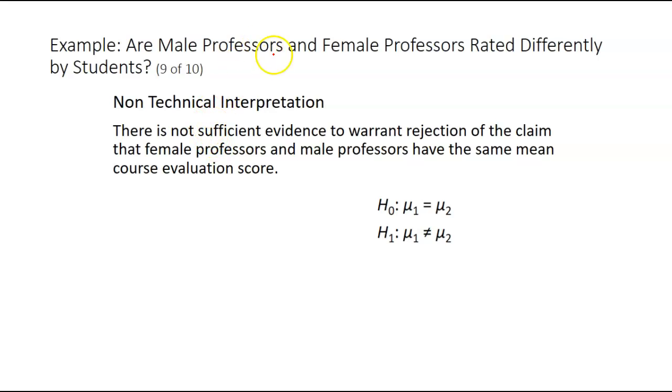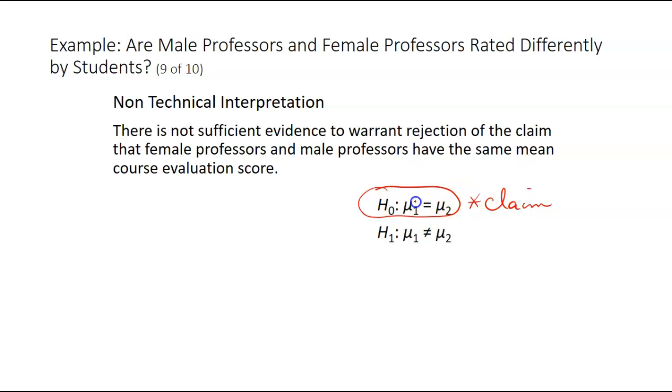As far as writing our non-technical conclusion, here's our setup of our null and our alternative hypothesis. Our claim was here. We chose to fail to reject the null hypothesis, so we're basically going to have to hold on to this. We're going to say there's not sufficient evidence to warrant rejection of our claim.